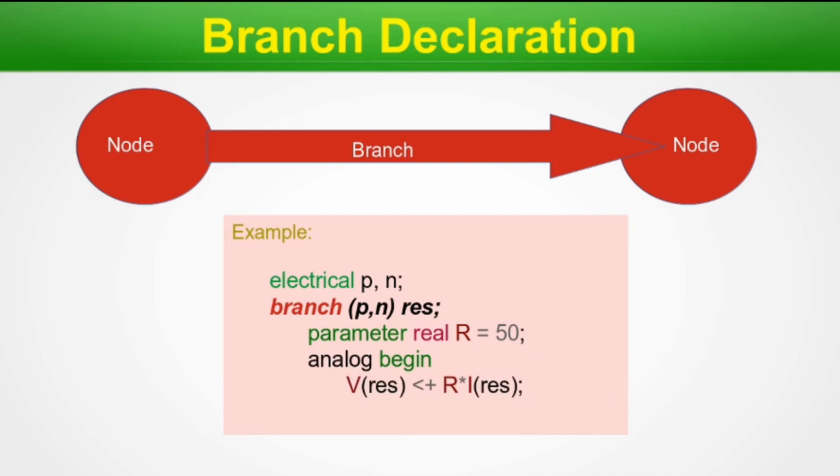Here we write the contribution equation, and we can see the V equals IR equation, while within the first bracket we have not used the nodes, instead we have used the branch res. So we close the analog block. So this is an example of how we can define a branch in Verilog-A syntax.